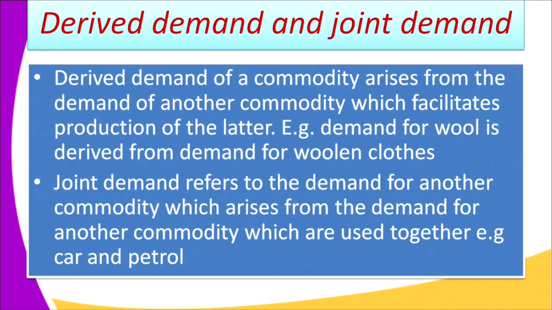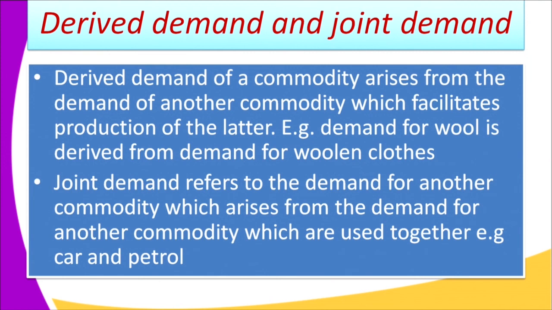Another example is the demand for wool, which is derived from the demand for woolen clothes. Woolen clothes come from wool, so you'll have to first demand wool so that you can get the woolen clothes. Therefore, demand for wool is derived from the demand for woolen clothes.